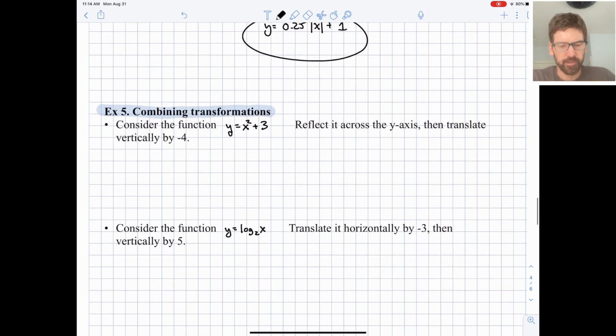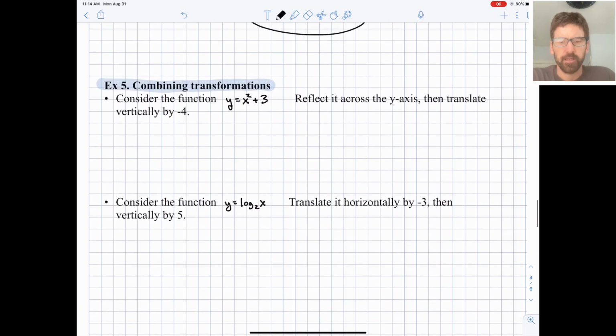We can combine some transformations together as well. So for this first function, let's first reflect it across the y-axis and then translate or move it down by 4, so vertically by a -4. That means we're going in the downward direction. Okay, so let's first reflect it across the y-axis, which means we want x to be replaced with -x. Okay, so we'll do that step first.